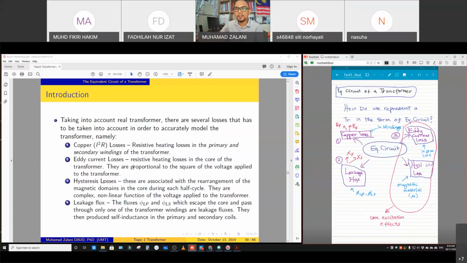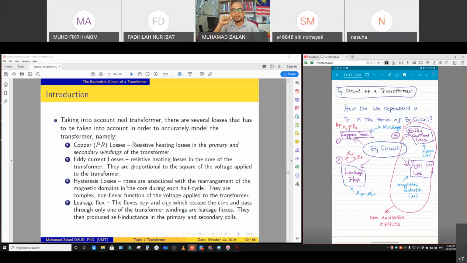And then the third one is hysteresis. So we know that hysteresis is because of the characteristic of ferromagnetic materials in terms of permeability. The permeability of the ferromagnetic materials is different for different types of core, different types of material.